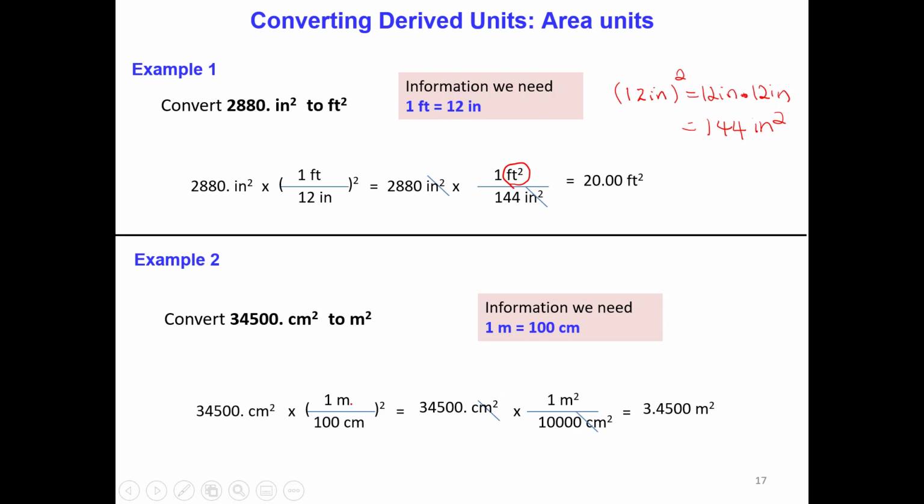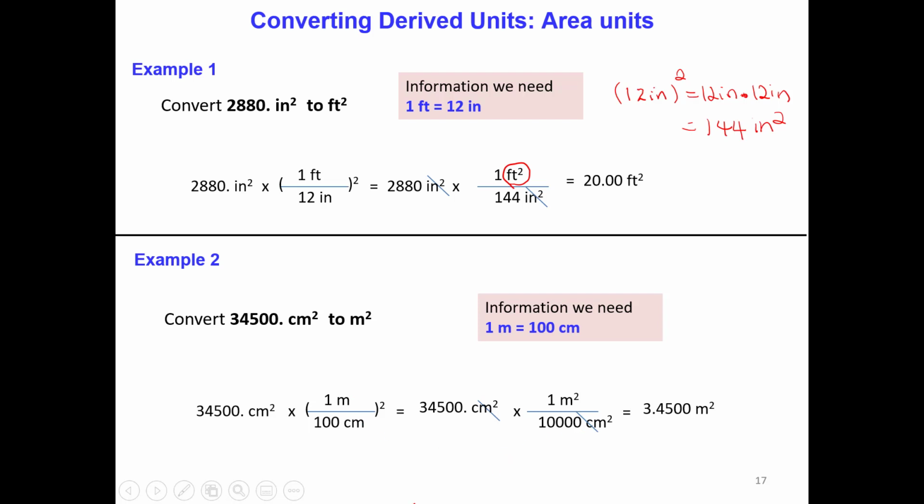Then we square the conversion factor. 1 meter squared is 1 square meter. Yes. 100 centimeters to the second power is 100 times 100, which is 10,000. And if we square the centimeters, we had square centimeters. Yes. And we square this number, square this number.